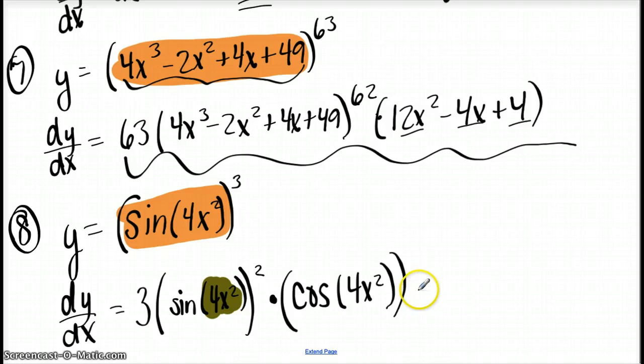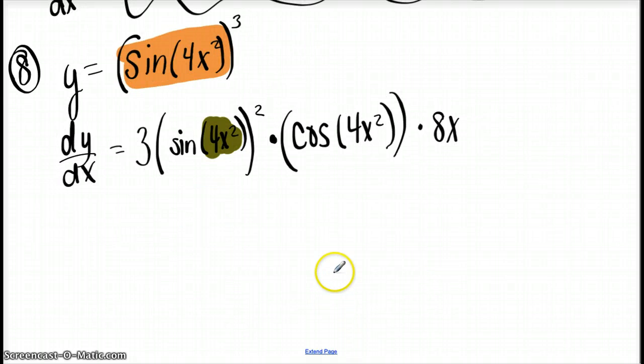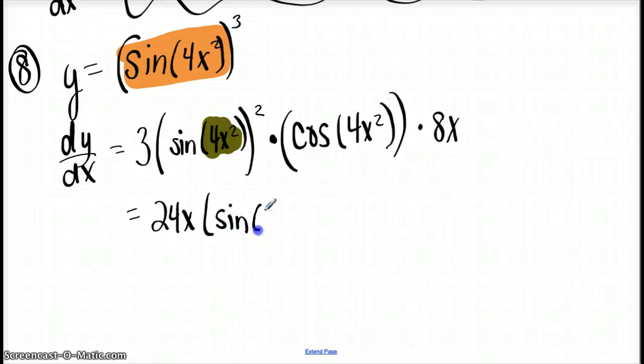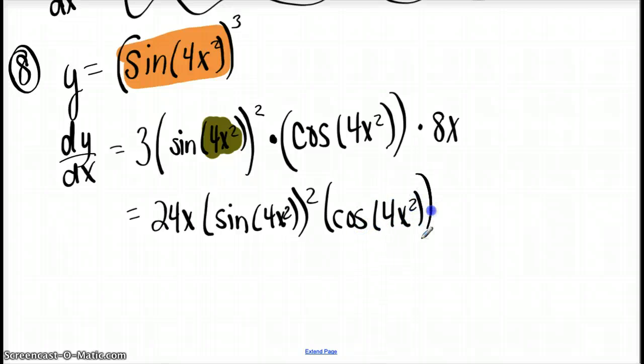Now what do I do? The derivative of 4x squared is going to be 8x. The only thing that I would do here is put the 24x in the front. That's the only piece I would clean up. I wouldn't touch the rest. Any questions?